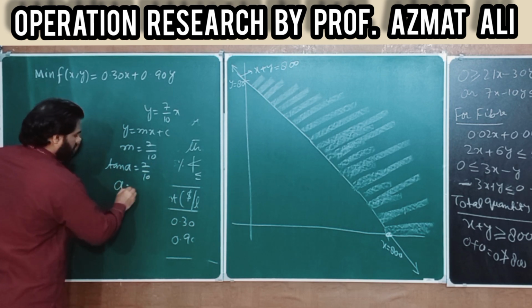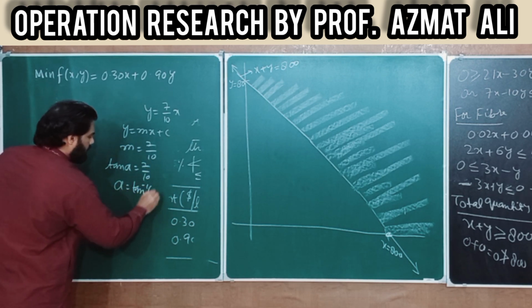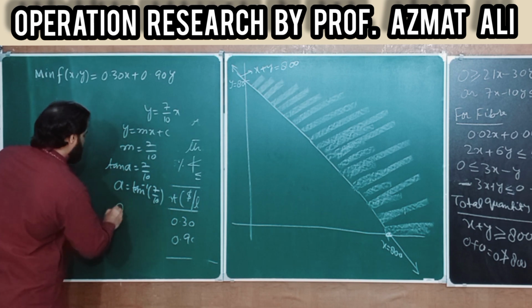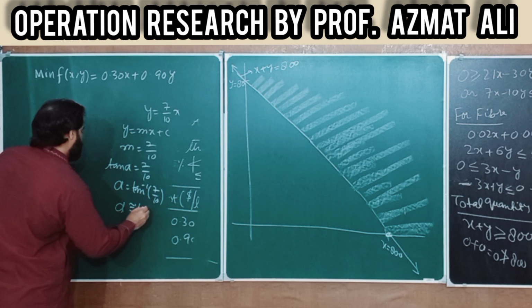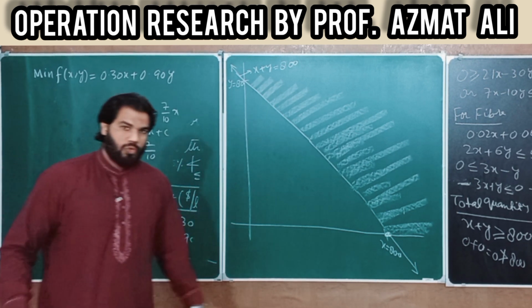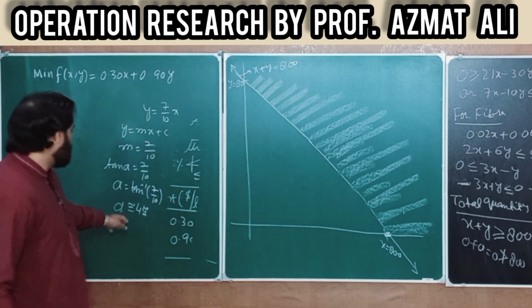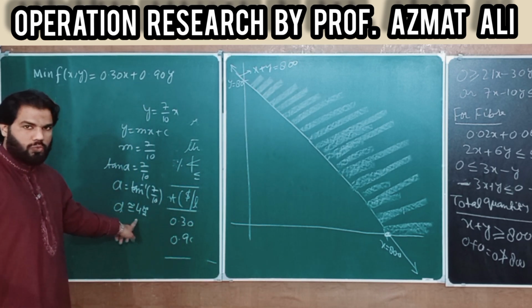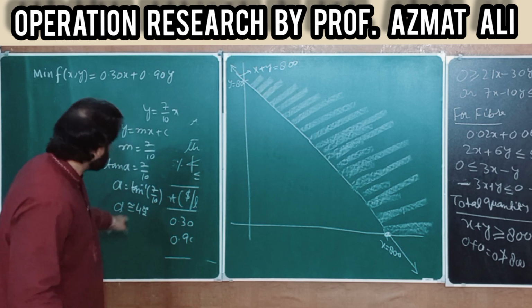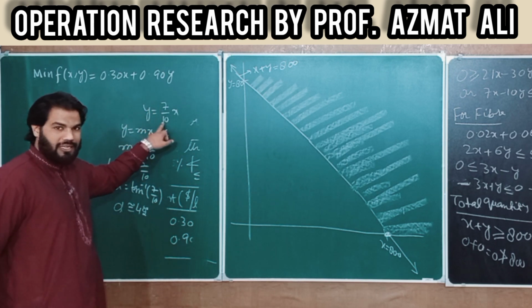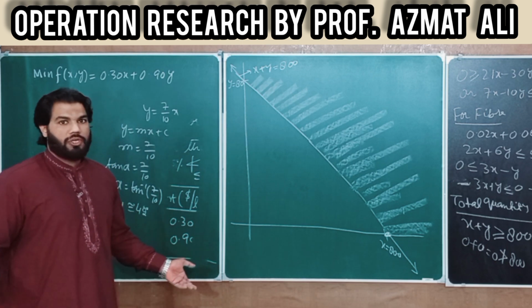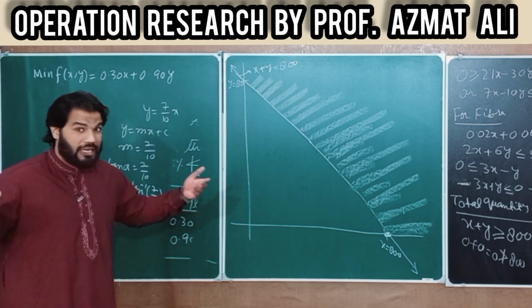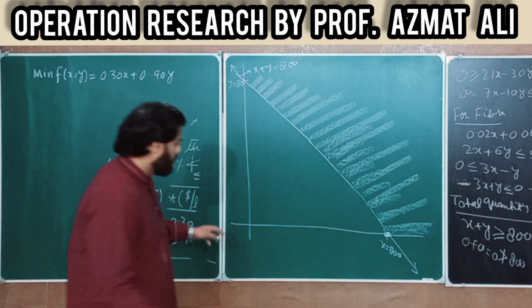By taking the inverse, tan inverse 7 by 10 is approximately equal to, I think, 42 degrees. If you have a calculator, you can check that. It means this line y is equal to 7 by 10 x passes through the origin at 42 degrees. So there is no need to find the x-intercept and y-intercept, and we cannot find them here.